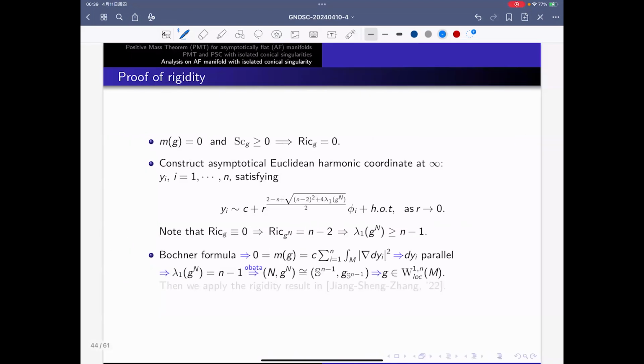Then our conically singular metric g will have W^{1,2} regularity, so that we can apply Jiang's result, or Lee and LeFloch's result, for the positive mass theorem with low regularity.